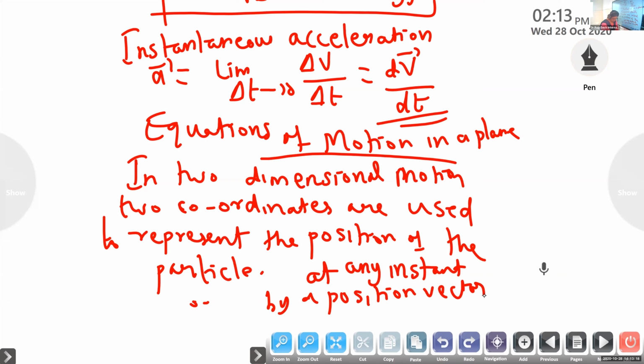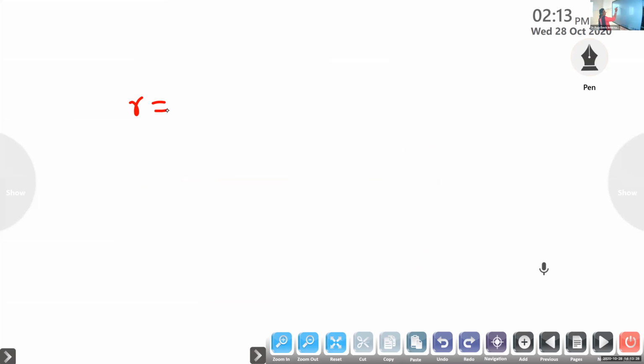Thus, R is the final position. R0 is the initial position.